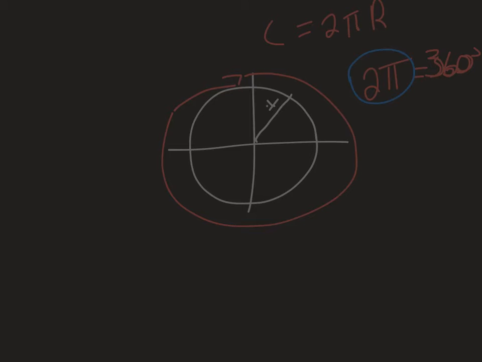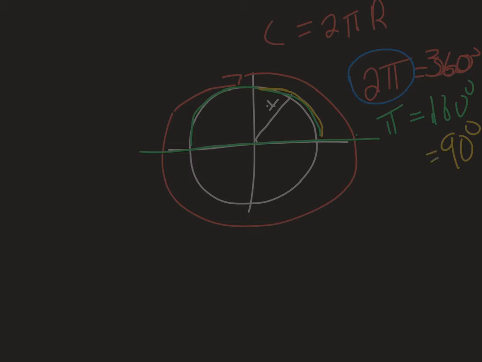So let's cut this circle in half. And I just want to know what would the length of that arc be. Well, if the full thing is 2 pi, half of it would be 1 pi. And we also know that to be 180 degrees. Likewise, if I look at just this 90-degree angle here, that'd be half of 180, which is 90 degrees.